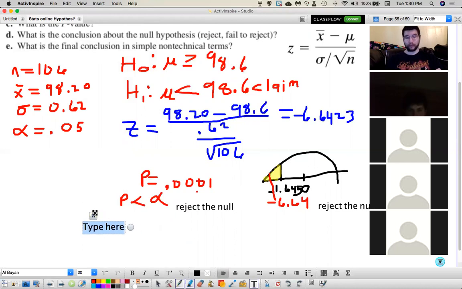So p is less than alpha. We reject the null. Our claim is the alternative. Use that chart I gave you.